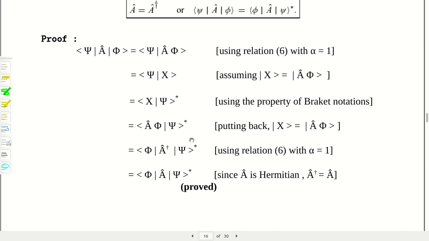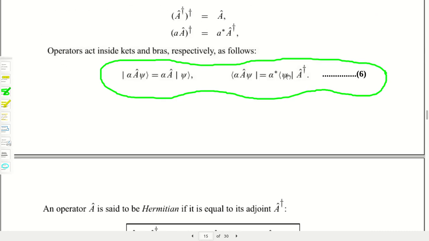Now in this bra a φ, you can take the a to the right-hand side as a dagger. If you want to take the operator out of the bra notation, it will come to the right-hand side in Hermitian adjoint form.